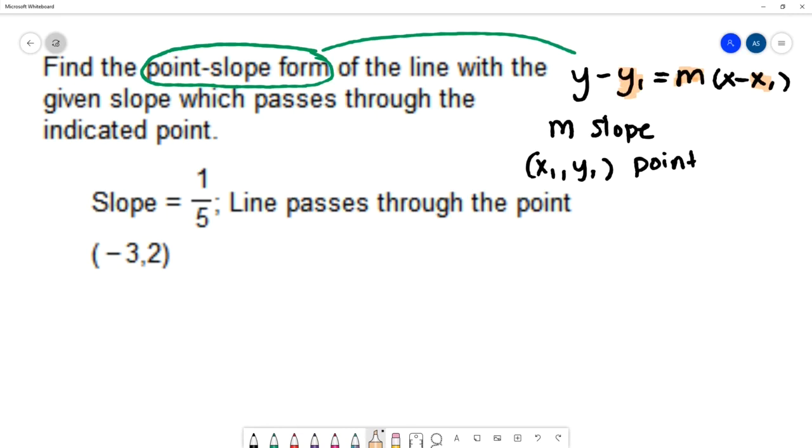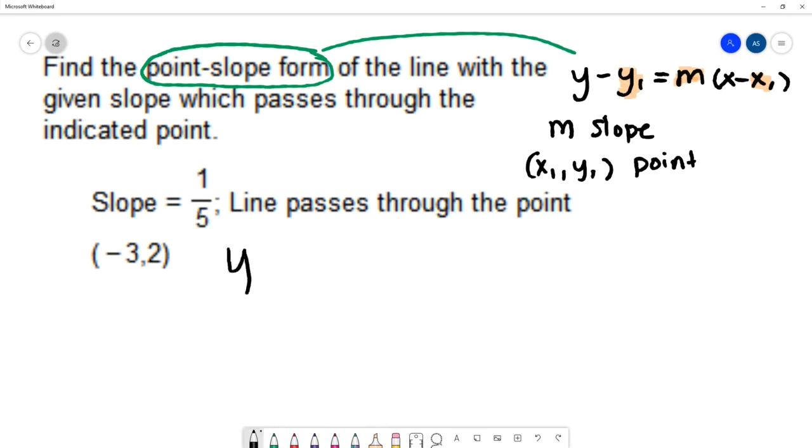Now in this example, we're given that the equation will have a slope of 1/5, and the line will pass through the point (-3, 2). So we are given exactly the information that's needed, the point and a slope of the line.